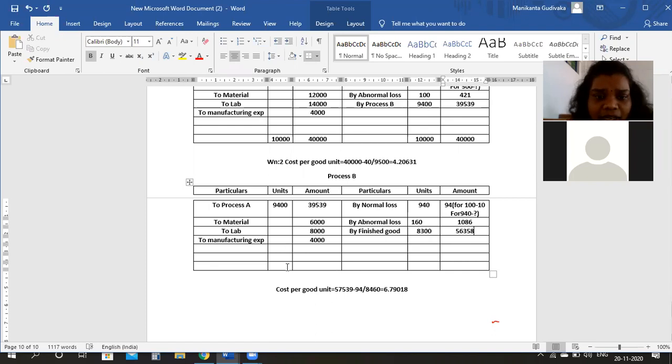Now please see whether it is tallying on both the sides. The units: 9,400, here also 8,300 plus 8,400 plus 1,000, 9,400. Yes? Units are tallying. Tell me if the amount is tallying. Value 57,539. This is already known. Please check this.